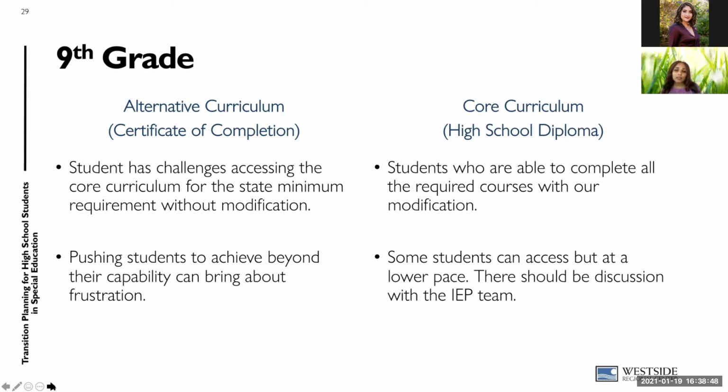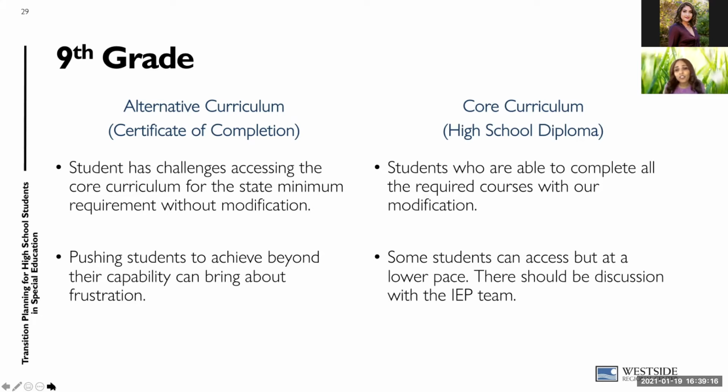But in some cases, it could be very ambiguous, or it could be very frustrating for families. So just understanding your student's abilities and goals after high school can clarify some of this ambiguity.